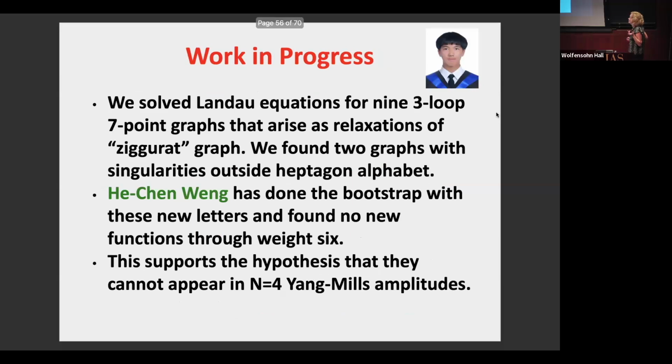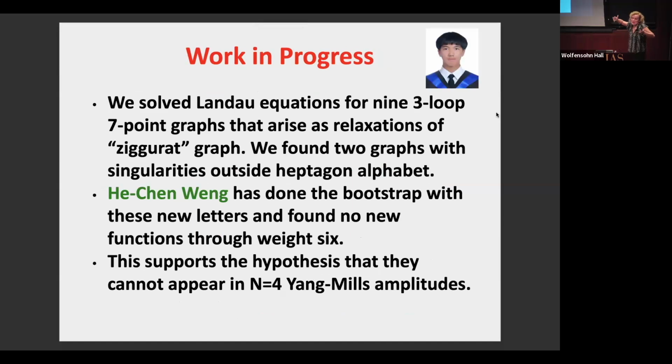So now he did the following exercise. He started with the known alphabet, added those 2 letters, and ran the bootstrap. He incredibly learned all this bootstrap technique within, like, I don't know, a month. And he showed that there's a unique solution where the coefficients of those letters are 0.